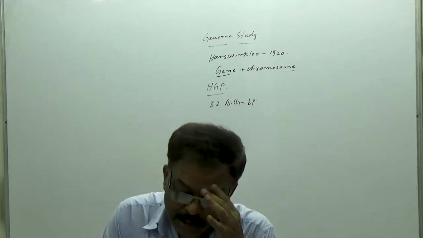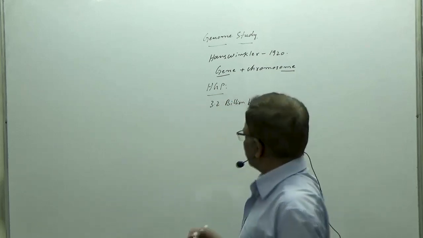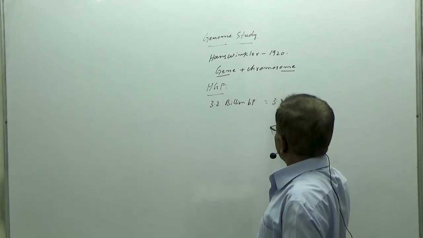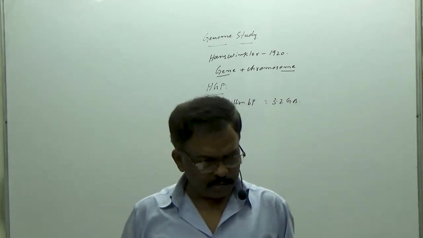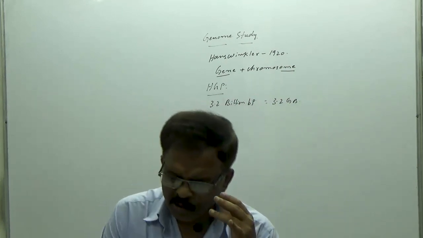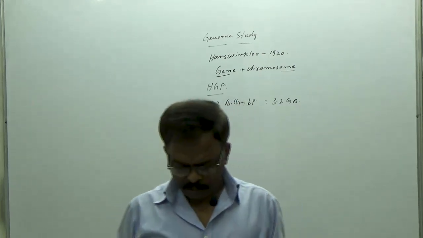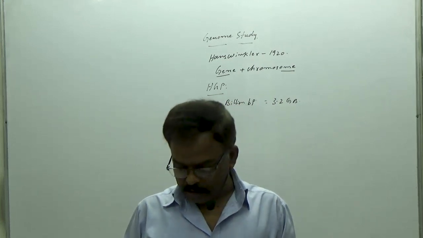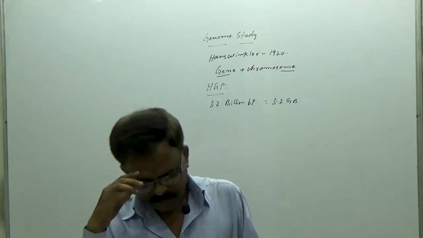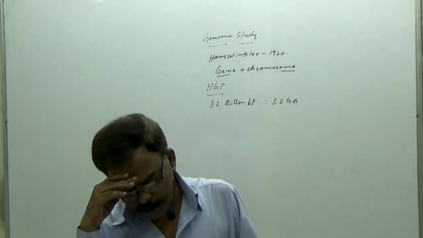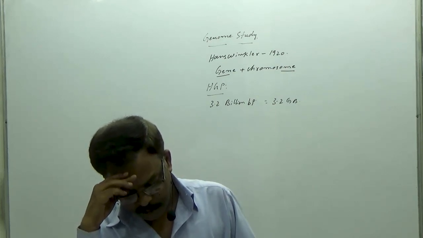This is equal to 3.2 GB, gigabytes. Then human genes and ape genes are 99.9% the same. Human and ape genes are 99.9% similar.